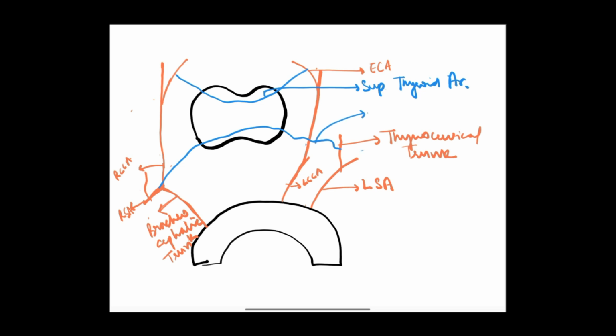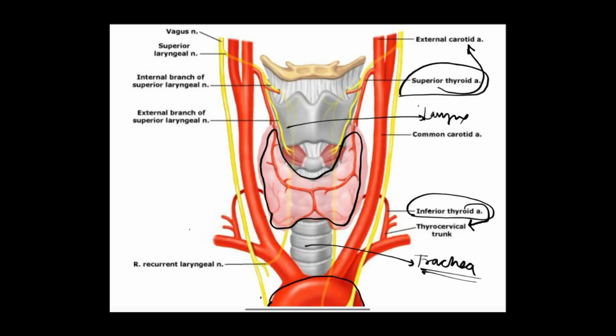This is called the inferior thyroid artery. So the superior thyroid artery enters the thyroid gland superiorly and supplies it, and the inferior thyroid artery, which is the branch of the thyrocervical trunk, enters the thyroid gland posteriorly and supplies it.